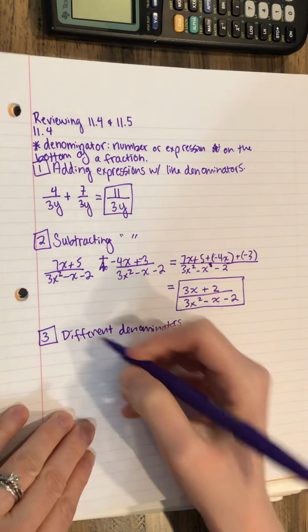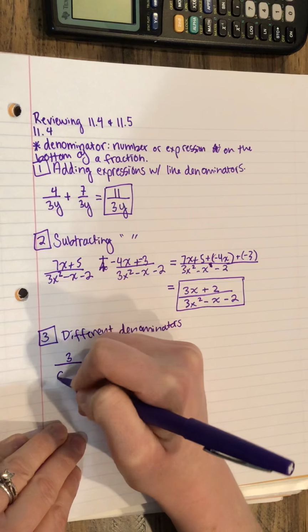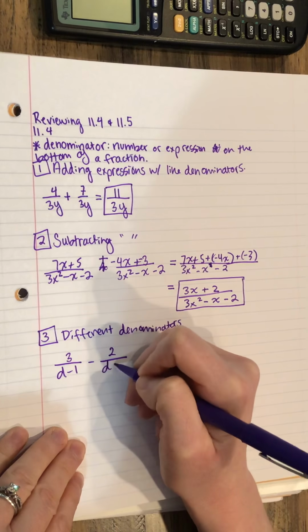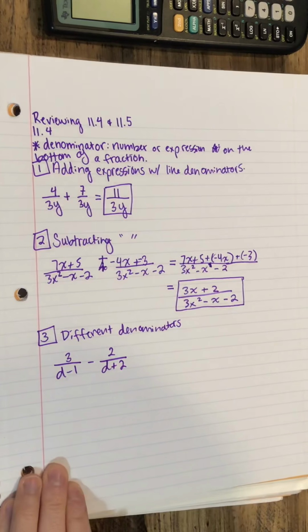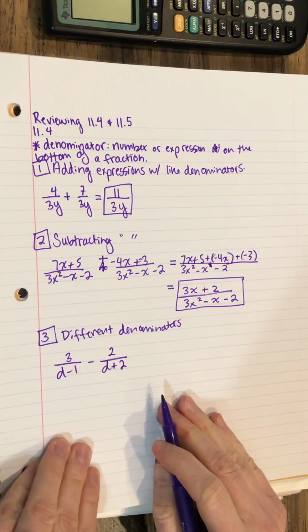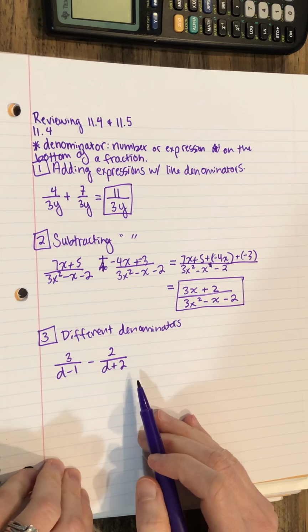An example of that is 3 over d minus 1 minus 2 over d plus 2. When you are trying to find common denominators, it's a good idea to look for factors.